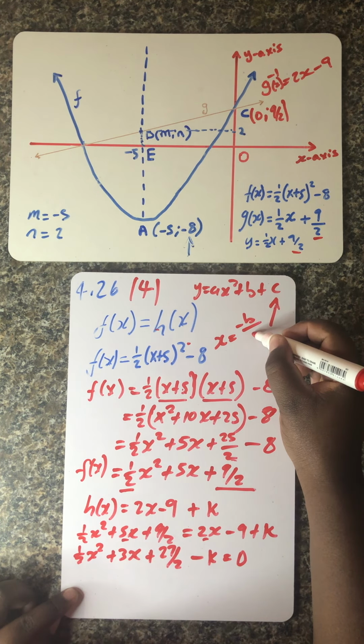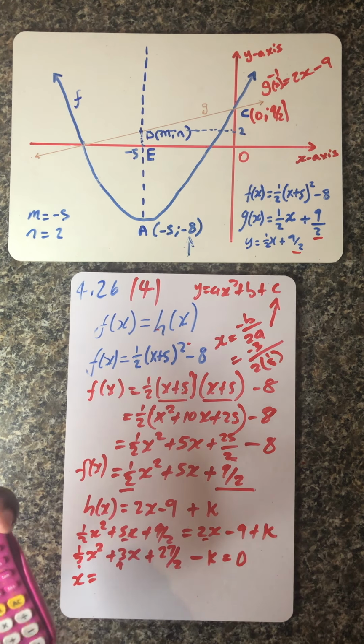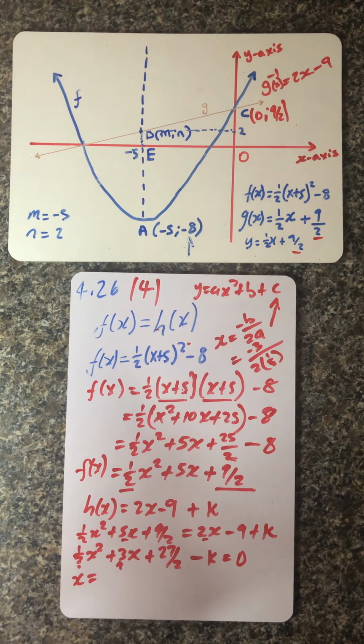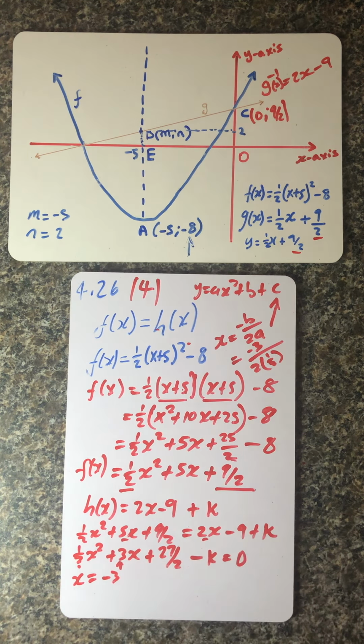Then you punch all of this on a calculator, so that means x is equal to, on your calculator you can just use the fraction button, then negative b, which is negative 3, over 2 times half, it's equal to negative 3. Okay, so that means the x value is negative 3.